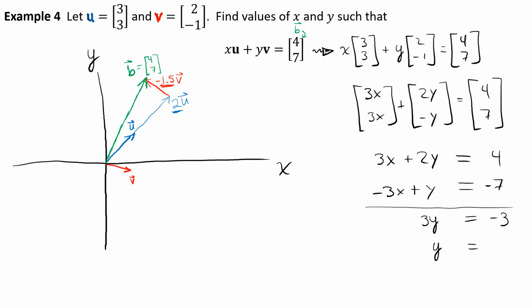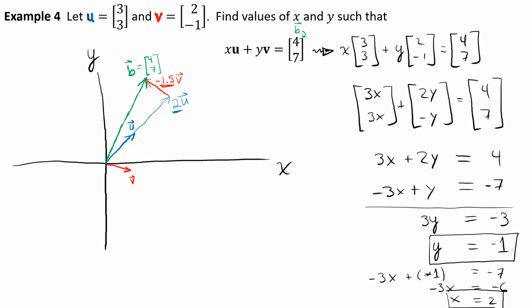Therefore, y equals -1. And then I can substitute that value back in, say, here, giving me -3x plus -1 equals -7. Adding 1 to both sides, -3x equals -6, so x equals 2. So the only solution to this problem is x equals 2 and y equals -1. So we were pretty close here. This value turned out to just be -1.